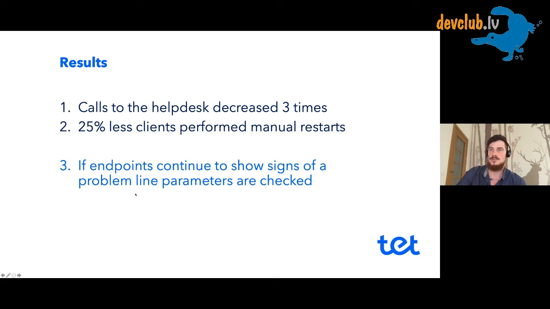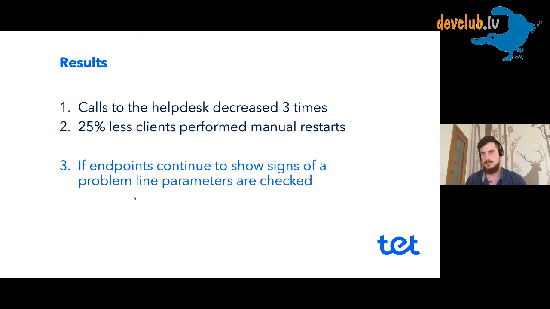We are also looking at the endpoints that are appearing on the list again, and for them we are now at the next stage of the project, where we are looking at line parameters. So if the reset didn't solve the issue, then maybe it's the infrastructure before the endpoint that is affected.